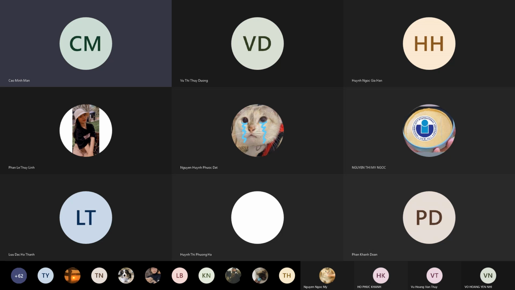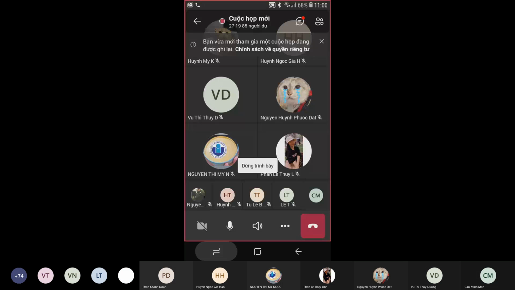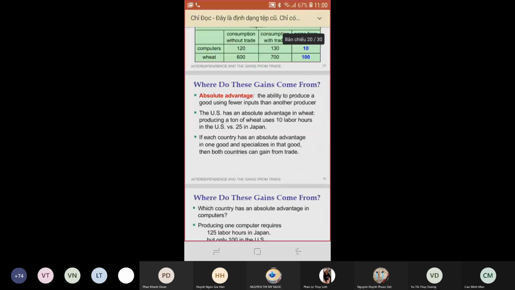Wait for me a second. My slide just disappeared, so I have to connect again in order to share screen.